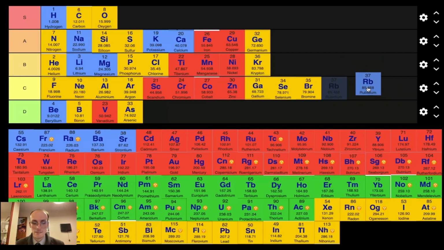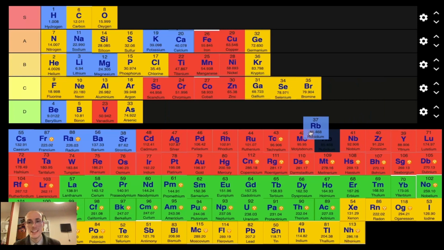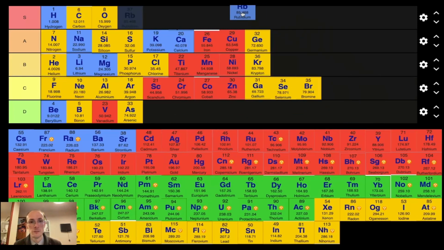Rubidium 37 has a half-life of 48.8 billion years, which is 3 times the age of the universe. So it is quite good in atomic clocks. It can also be used as a biomarker, as it can replace potassium in living organisms, but it also goes into purple fireworks.